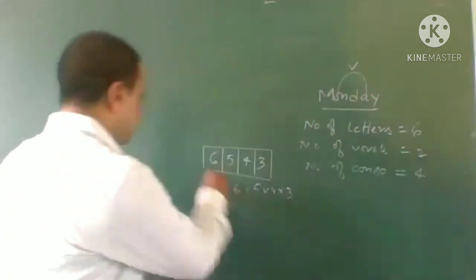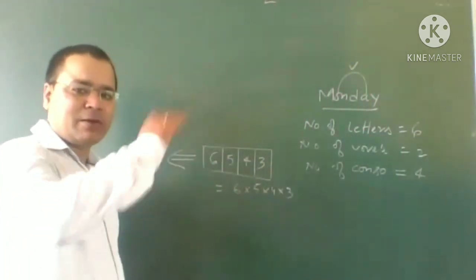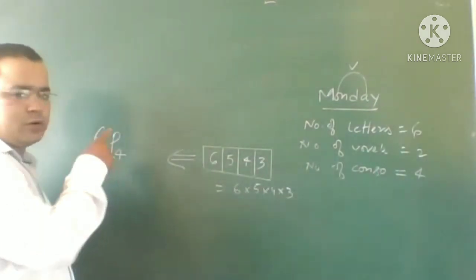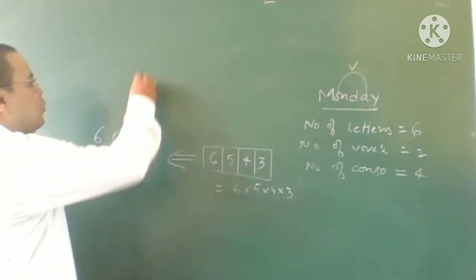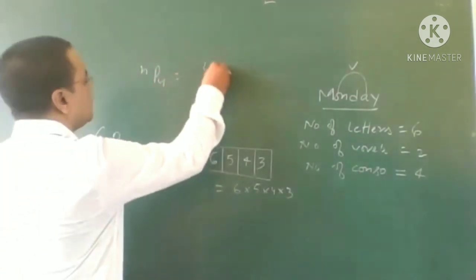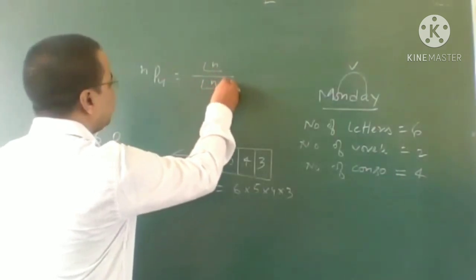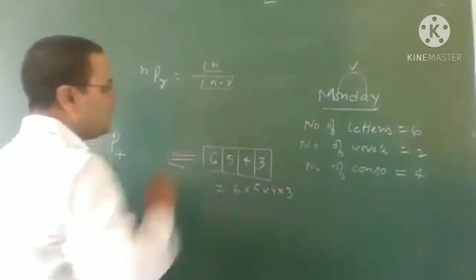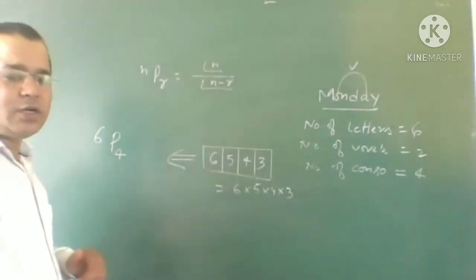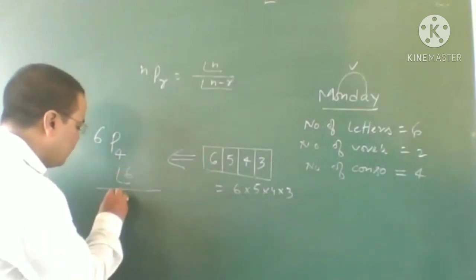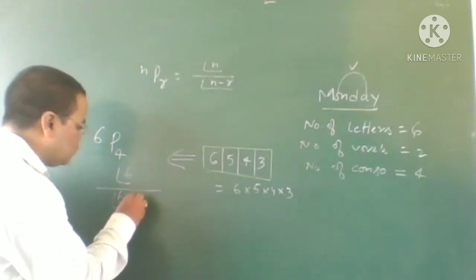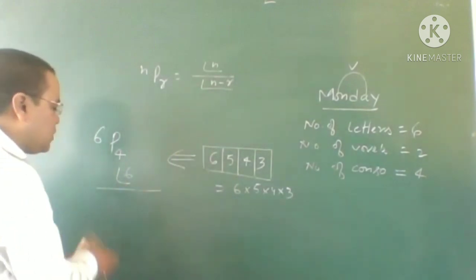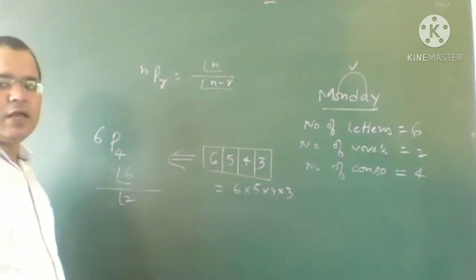My dear, this is in the form of permutation, we can write 6P4. And nPr means factorial n upon factorial n minus r. Similarly, 6P4 means factorial 6 upon factorial 6 minus 4.